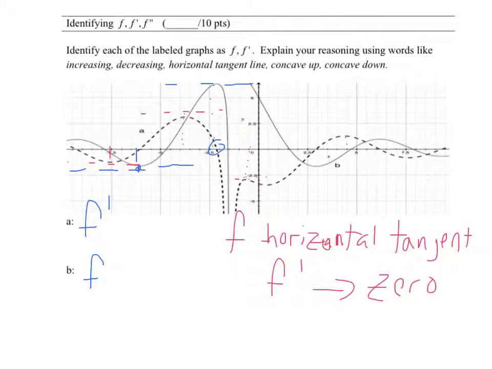So I already talked a little bit about the horizontal tangent when f prime equals 0. The other thing I can look at is whether my function is decreasing or increasing. And I'm just going to zoom in on this interval for B. I'm going to highlight that in blue. And during this interval, B is increasing.